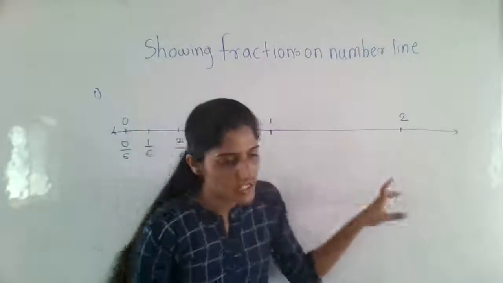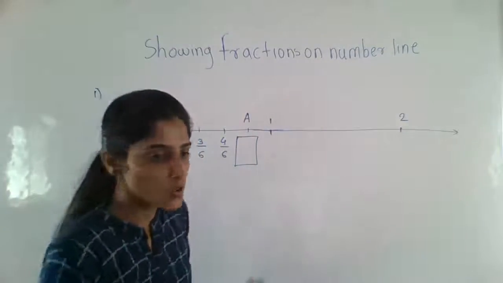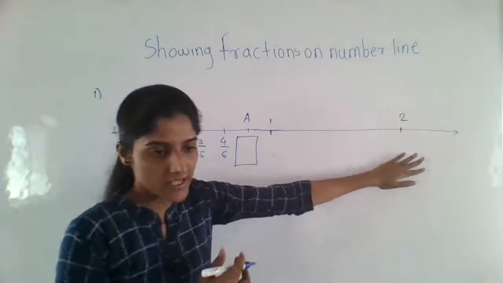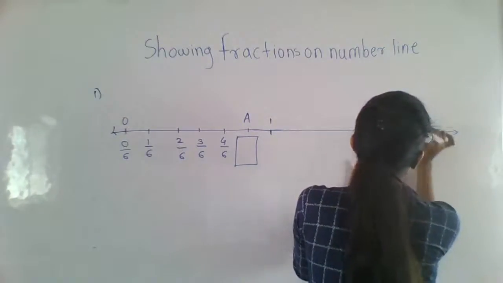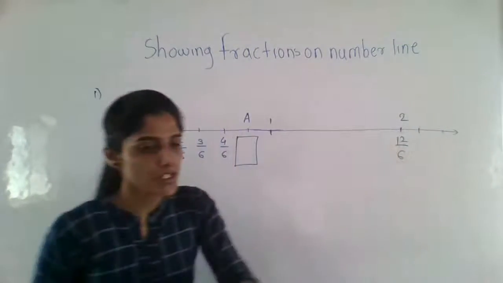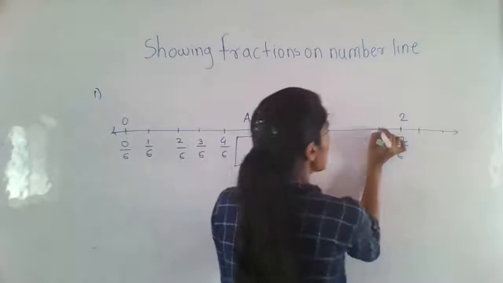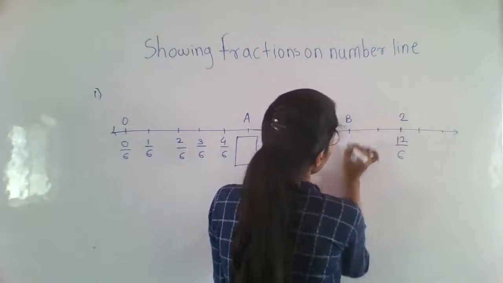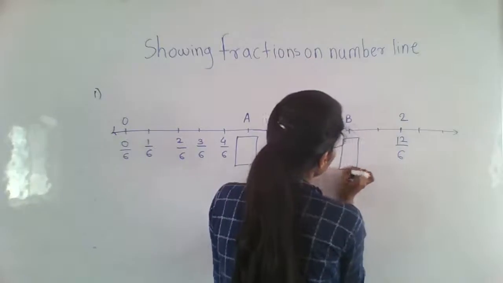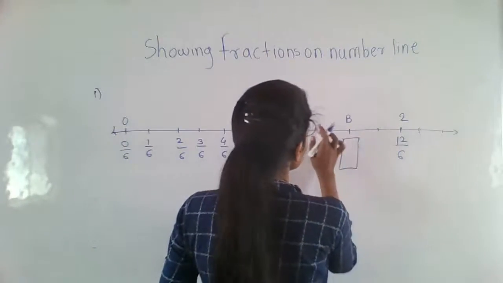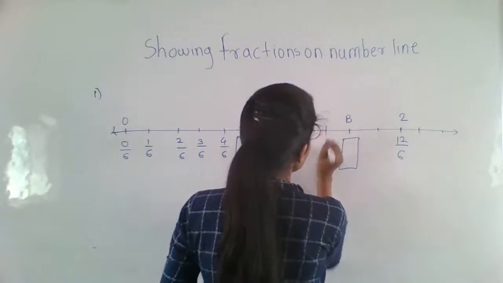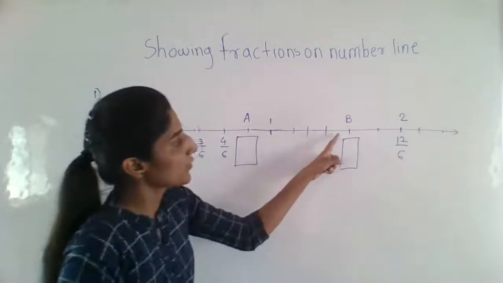Now see the second unit. In the second unit also, 12/6 is given at the position of 2, and we have to find the number B here. It is divided into 6 equal parts. That is 1, 2, 3, 4, 5, 6.